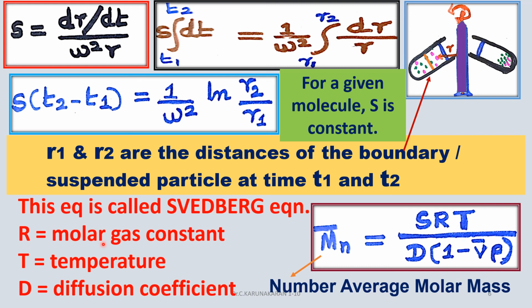Here R is the molar gas constant, T is the temperature, D is the diffusion coefficient of the polymer, V bar is the partial molar volume of the polymer, and rho is the density of the solvent.